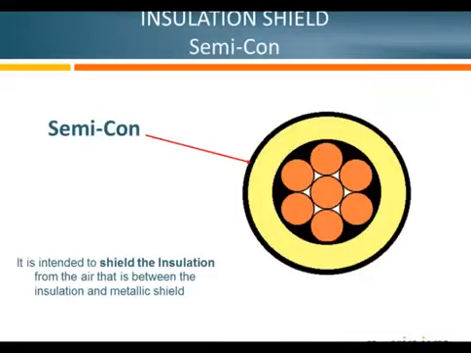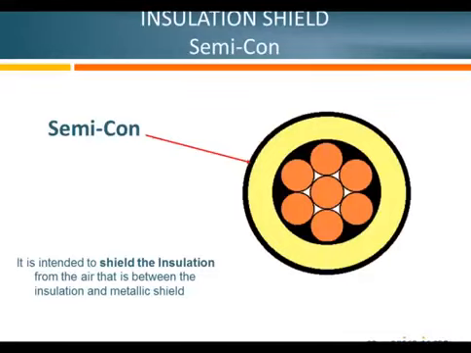And again, since it's extruded onto the insulation and semi-bonded or bonded to it, depending on your type of cable, you have a nice smooth surface on your insulation, nice smooth surface on the inside of your Semicon, and therefore you have no air voids between the grounded Semicon or grounded insulation shield and the cable insulation itself, and therefore no air voids to ionize or go into partial discharge.